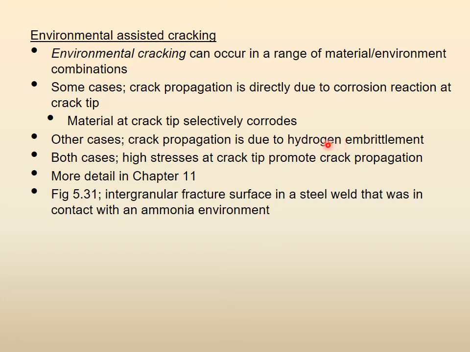In other cases, crack propagation is due to hydrogen embrittlement. We perhaps mentioned it in passing earlier in some lecture that hydrogen is a very, very small atom. When hydrogen penetrates into a metal, the metal is embrittled, it becomes brittle.